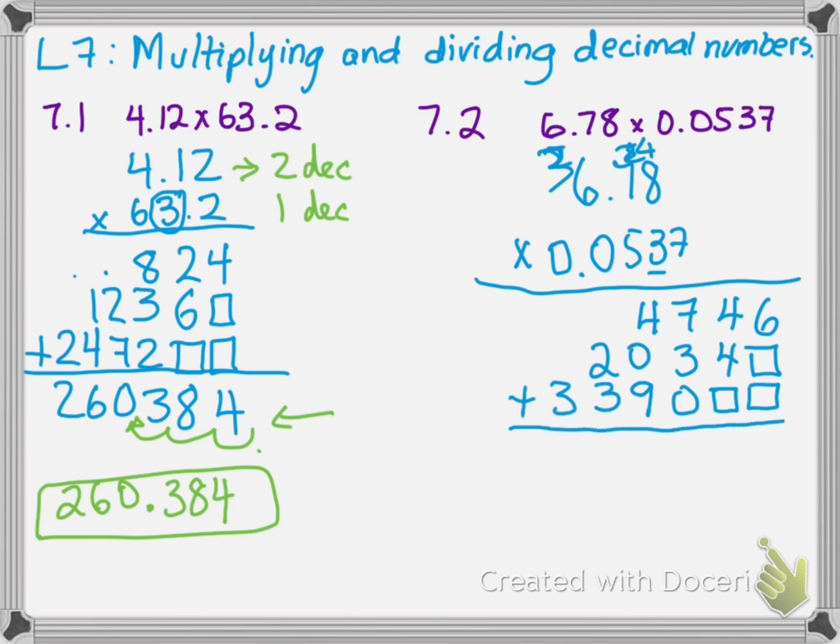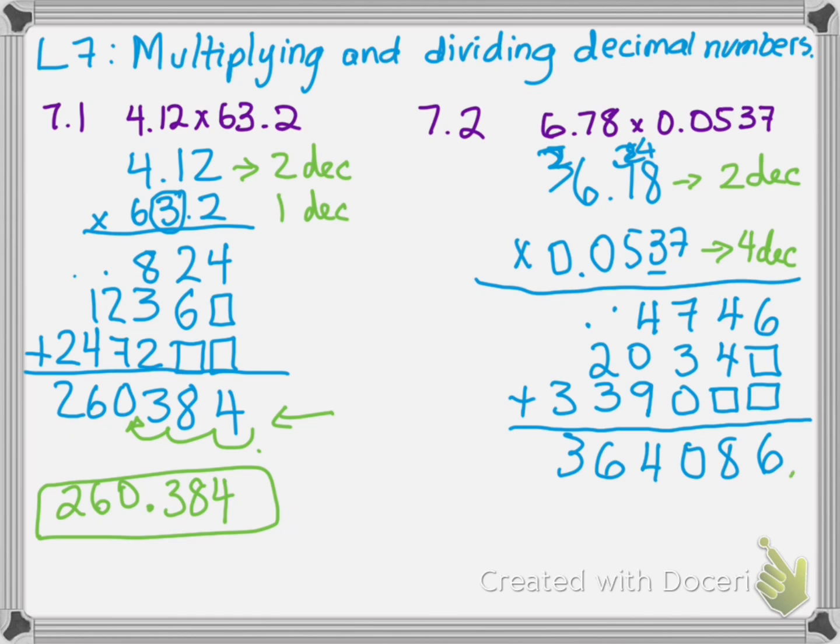Notice we don't have to do anything with the zeros. It's not necessary because we're just going to get more zeros. So we just add 6, 8, 10. That's 14. That's 6 and 3. And again, just like we said in the previous exercise, we're going to see how many decimals we have here and how many we have here. Notice that in this second one we have 4 decimals, so we have a total of 6 decimals.